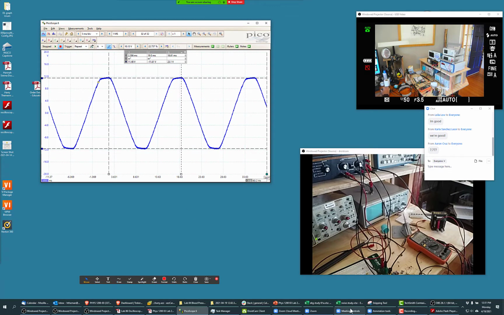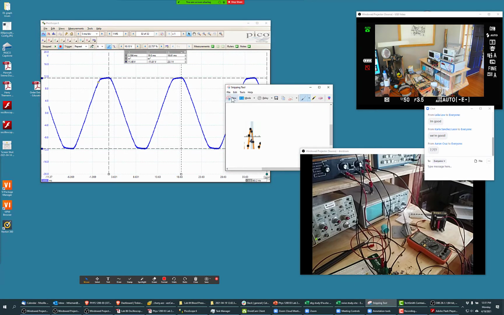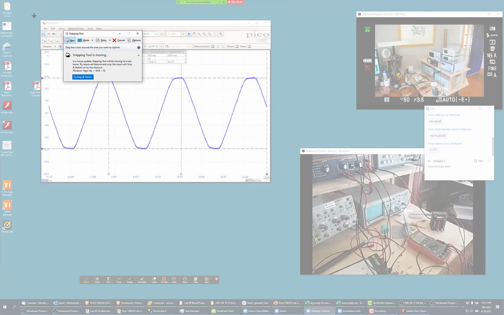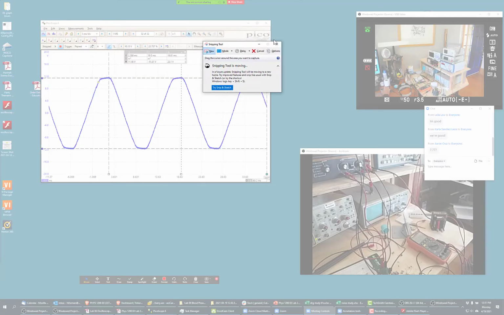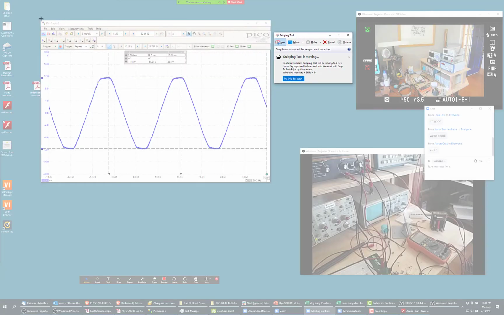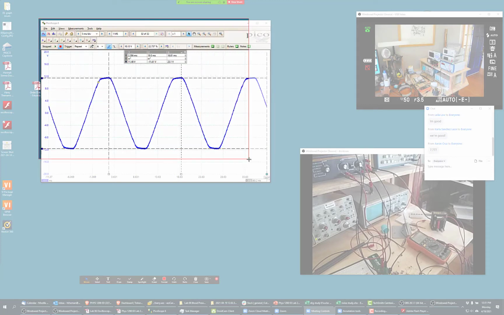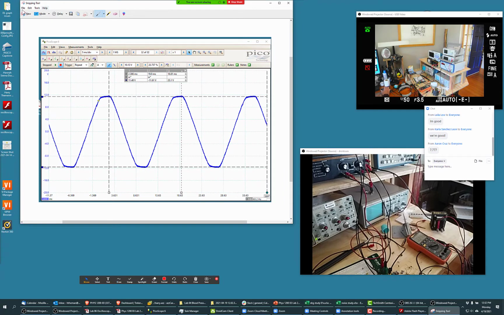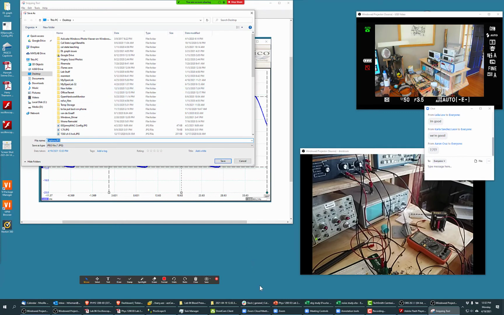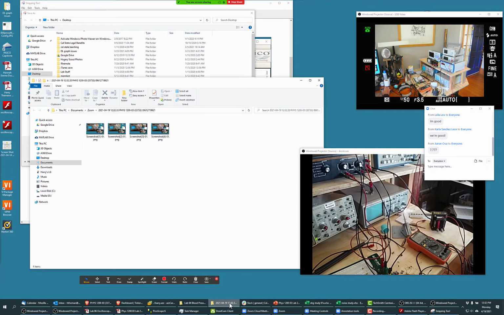Oh, I know this will work. Hold on. Where is it? Snipping tool. New. There we go. Let's see this cool picture. File. Save as. And where is this?